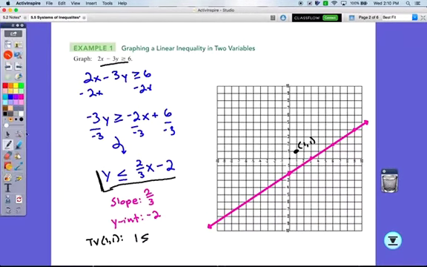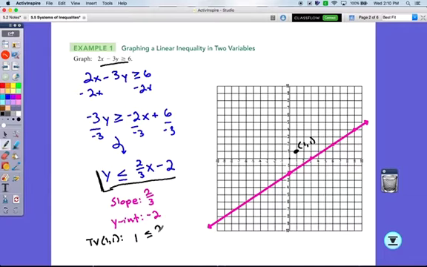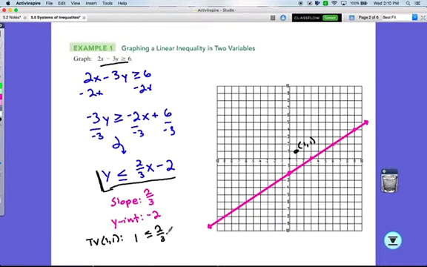Is 1 less than or equal to 2/3 of 1 minus 2? If you put 2/3 times 1 minus 2 in a calculator, that gives me negative 4/3, or negative 1.333333.